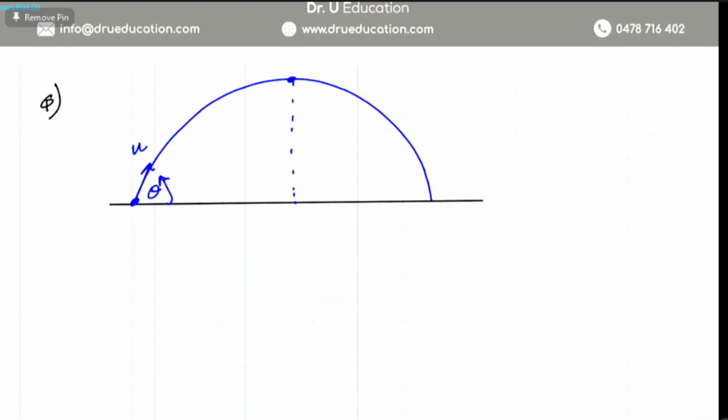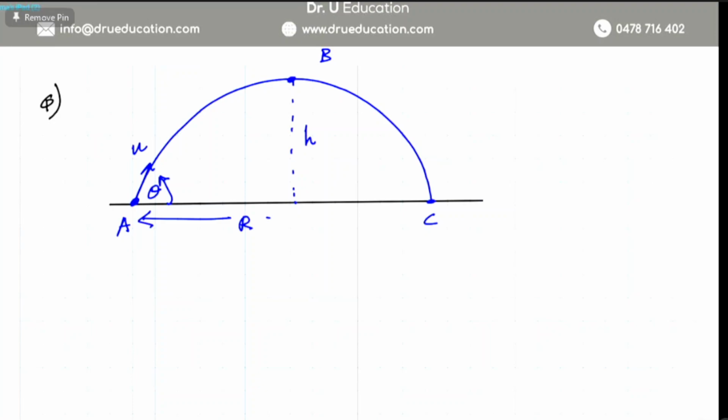This is h. So this is point A here, B point here, C point here. I'm not going to ask find the maximum height H, or find the horizontal distance R.